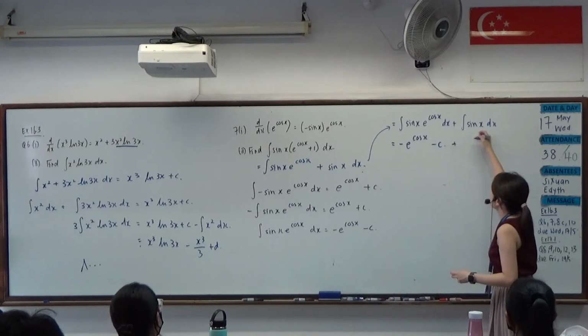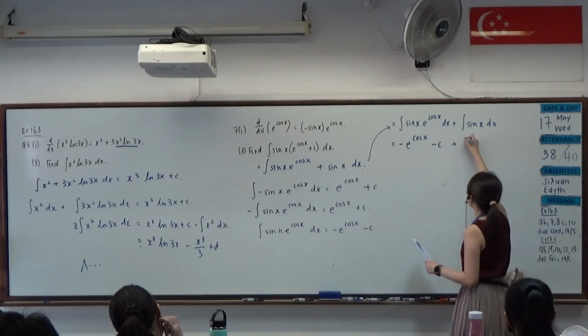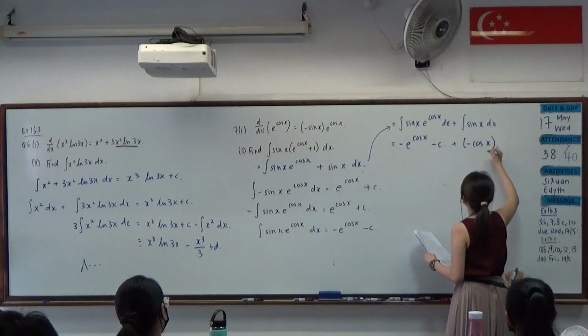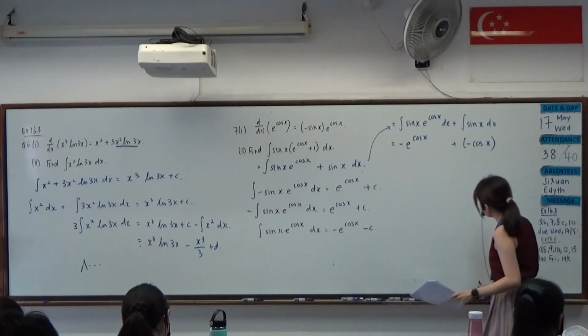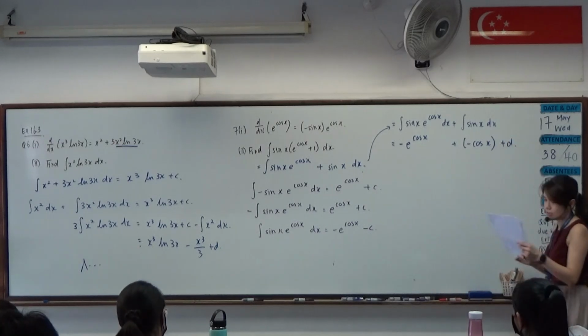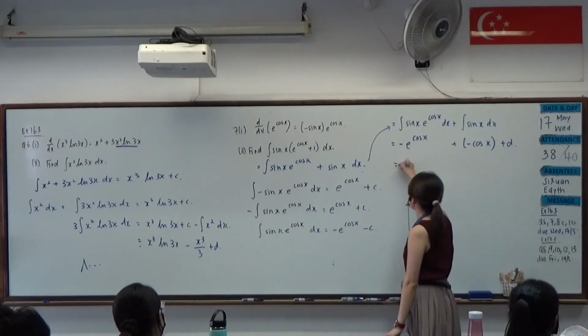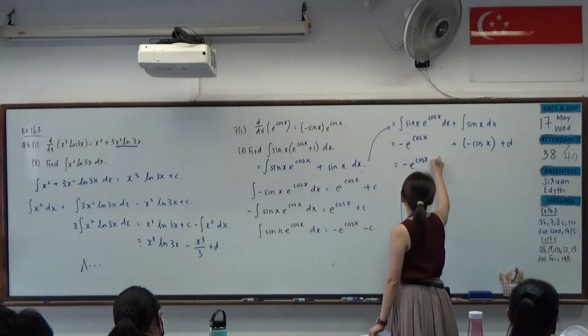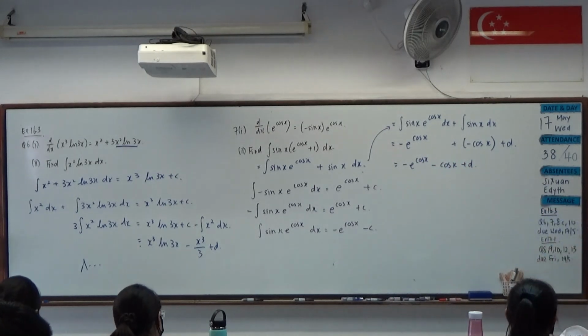And then for the integration of sine x, we know that it is negative cosine x. For convenience, I'll just drop the minus c and place everything as a plus c. So this will simplify into negative e cosine x minus cosine x plus d.